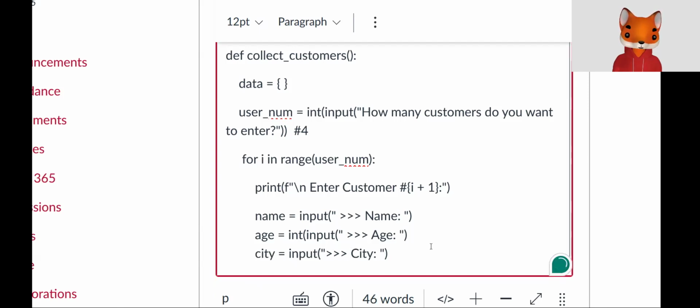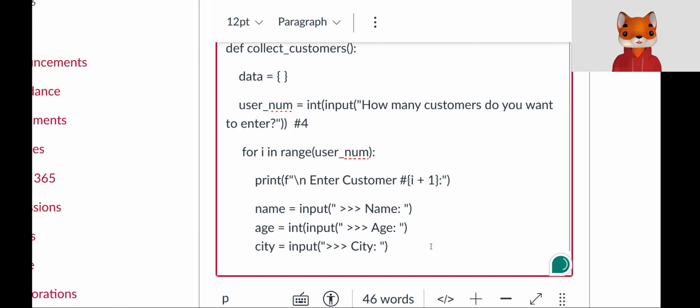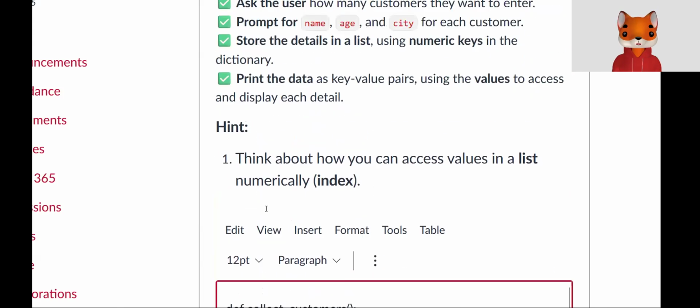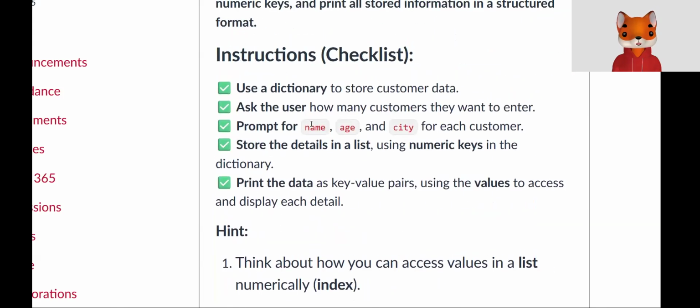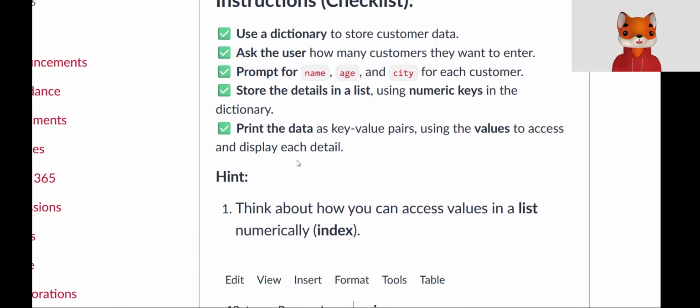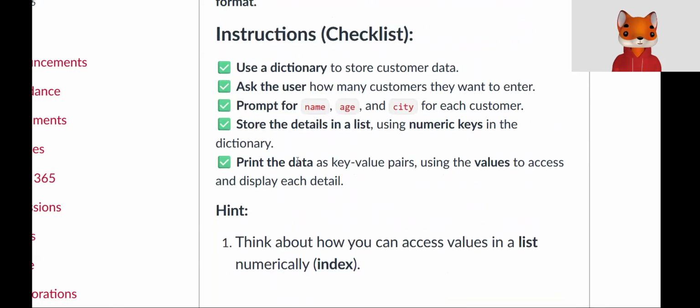Okay, and we know that's going to return a string, so we don't have to convert it. Now, the next step that we have to have, and we also need to make sure it's still indented in, is the next step. So we prompted the user for the name, age, and city for each customer. Now we need to store the details in a list using a numeric key in the dictionary.